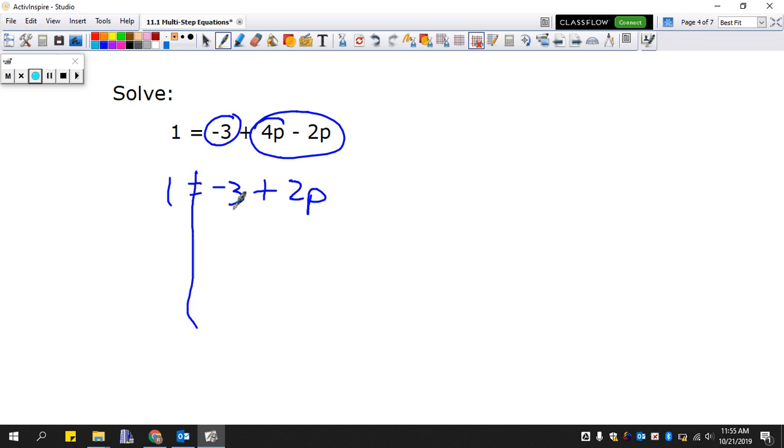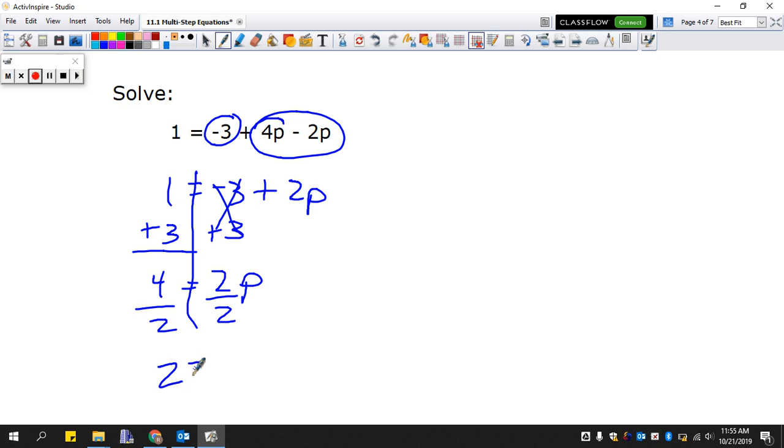Split it. We're going to say plus 3, plus 3. The 3's cancel out. 1 plus 3 is 4, is equal to 2p divided by 2. And 4 divided by 2 is 2, is equal to p. Or you can write it as p is equal to 2.